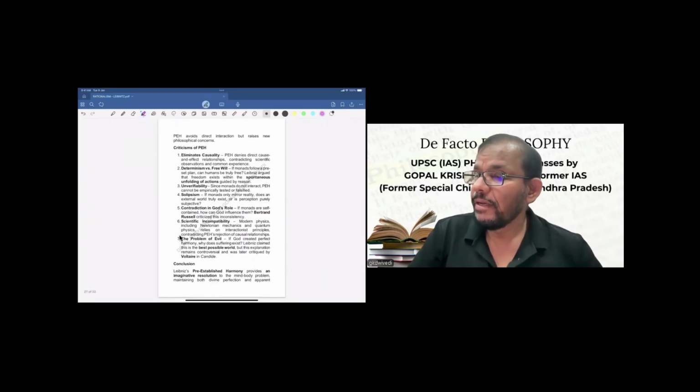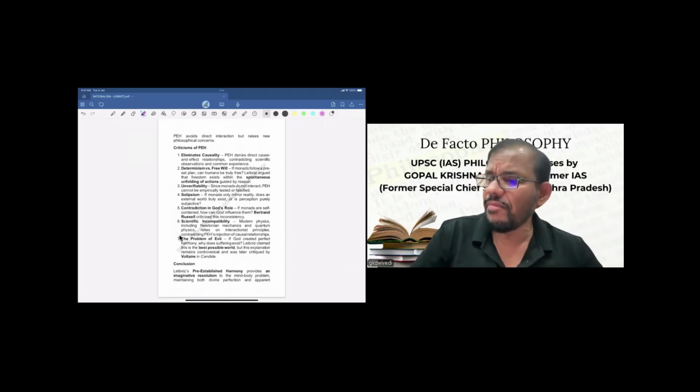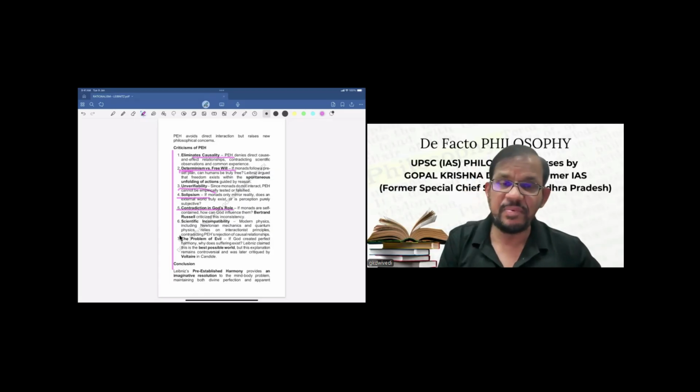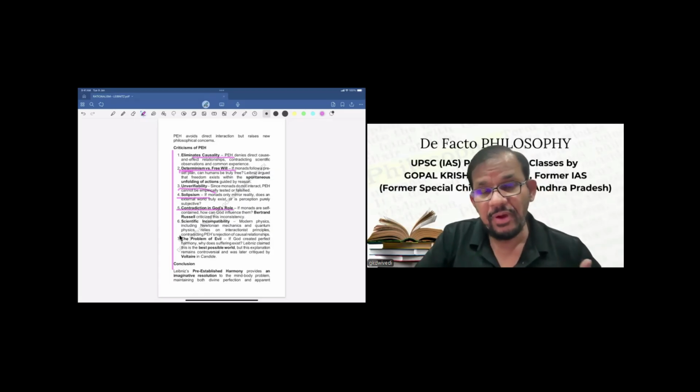What are the various criticisms of pre-established harmony? If we see, it eliminates causality. It makes everything determined. Determinism versus free will: everything is fixed. Unverifiability: it is not verifiable, and it leads to solipsism. It also contradicts God's role, because God is itself a monad. How does one monad affect another?